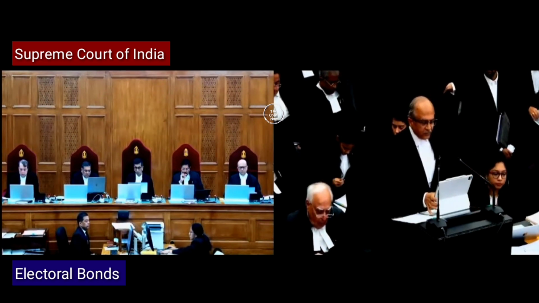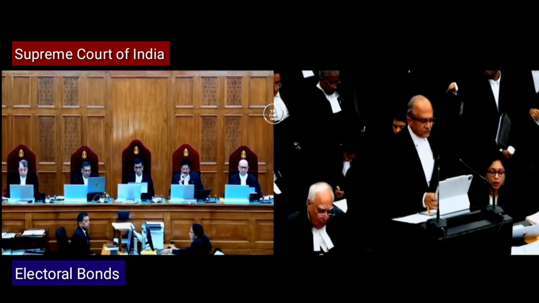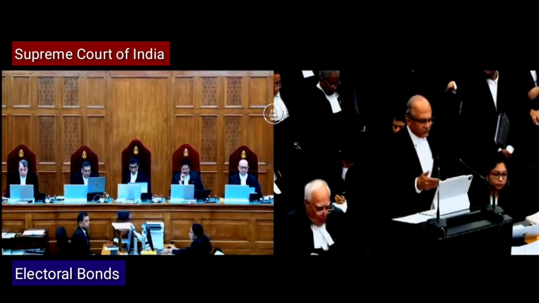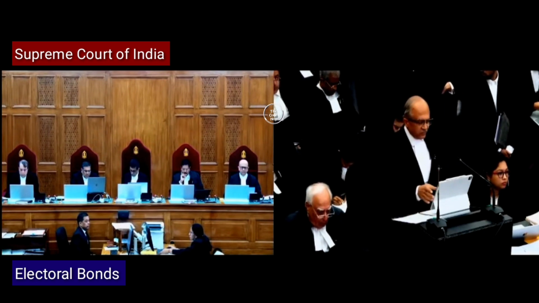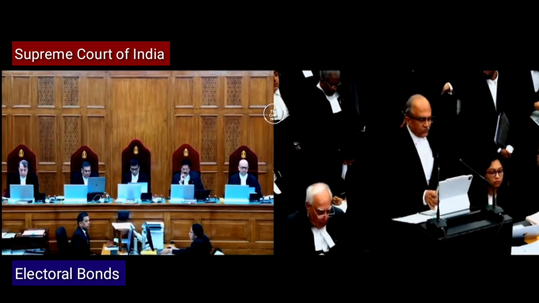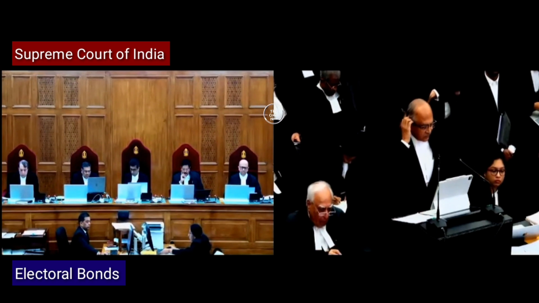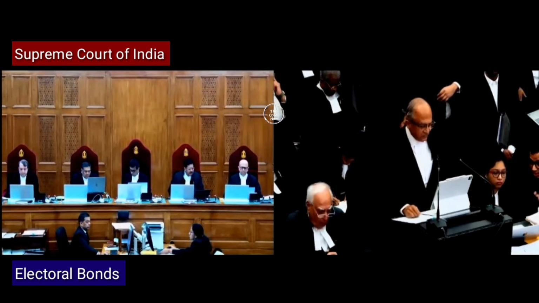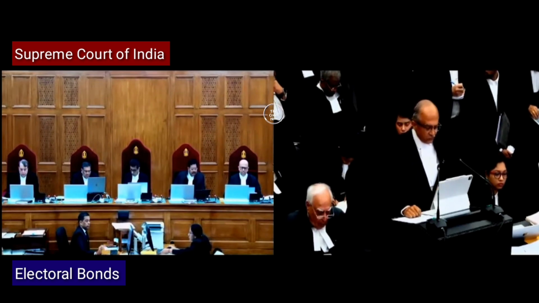And then, my lord, at page 10, this is of course the Reserve Bank. Reserve Bank Act only says that this will be a new financial instrument which has been introduced. Issue of demand bills and notes, and here the amendment at 3 says, notwithstanding anything contained in the section, the central bank may authorize any scheduled bank to issue electoral bond.